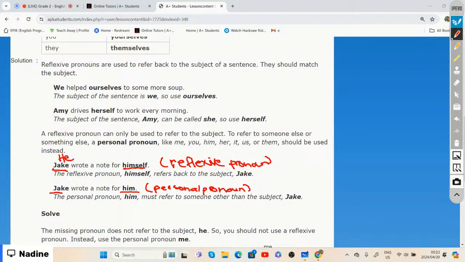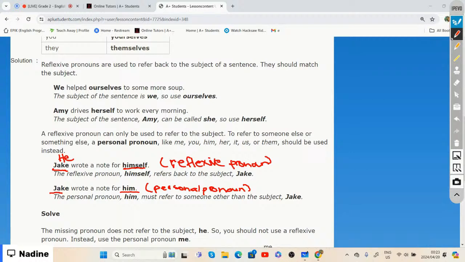All right. I know I have said a lot. I have done a lot of explaining now. Do we understand what a reflexive pronoun is? Do we know that reflexive pronouns are words that end in self or selves?